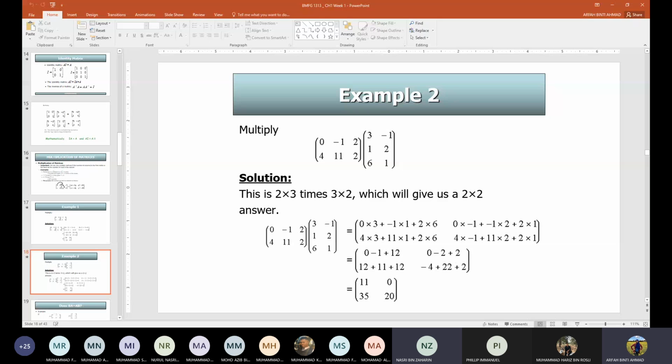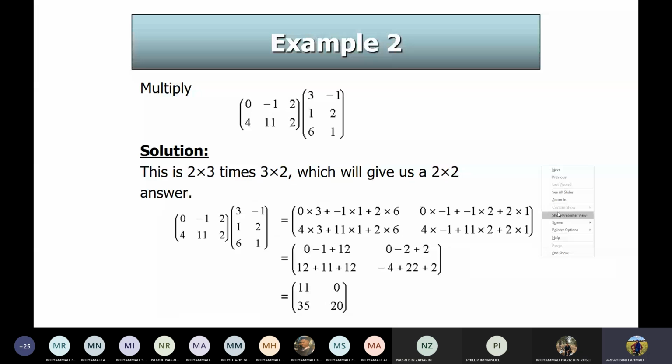Dapat. Okay, so if you take a look at the answer for this one, you are going to have 11, 0, 35 dan 20. Okay. So kita akan ambil the first row, this one. The first row multiply with the first column of the second matrix.